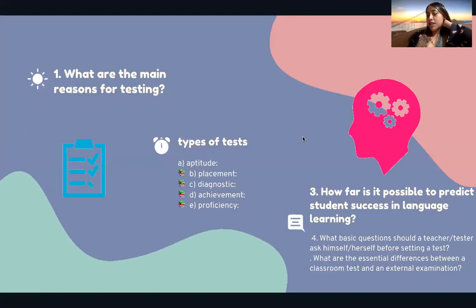The essential difference between a classroom test and an external examination: well, the classroom test considers the syllabus, and the other one is more focused on examining the level of language that they learned, the domain and the skills.